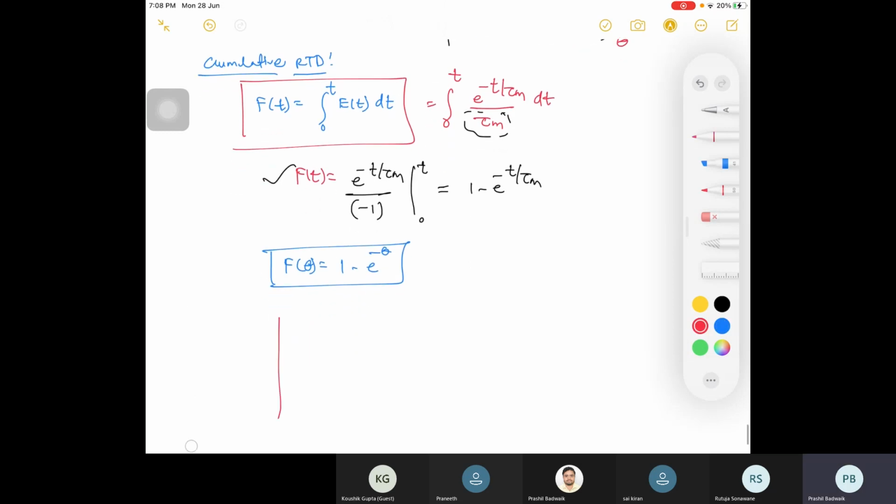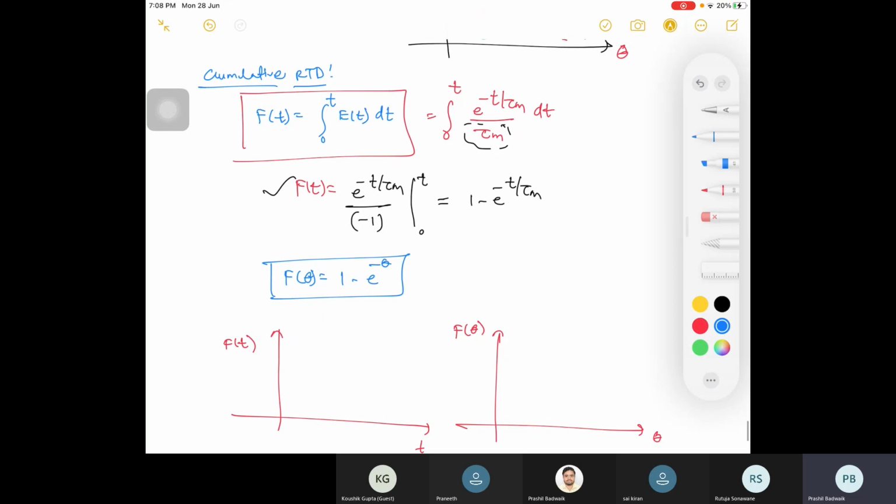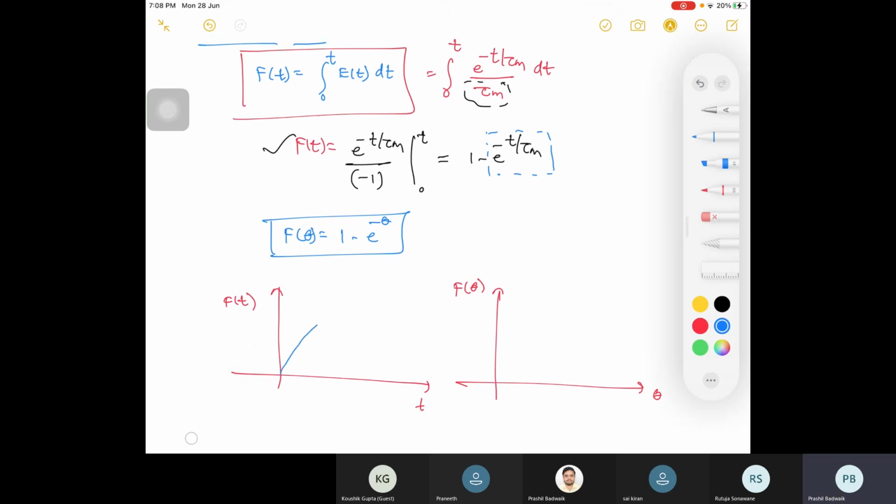So what is the curve of F of t versus t and F of theta versus theta? This is an exponential decay, so 1 minus exponential decay is an exponential increase. It will start from here, and what is its maximum value? That is 1. Is it e power minus theta by tau m?